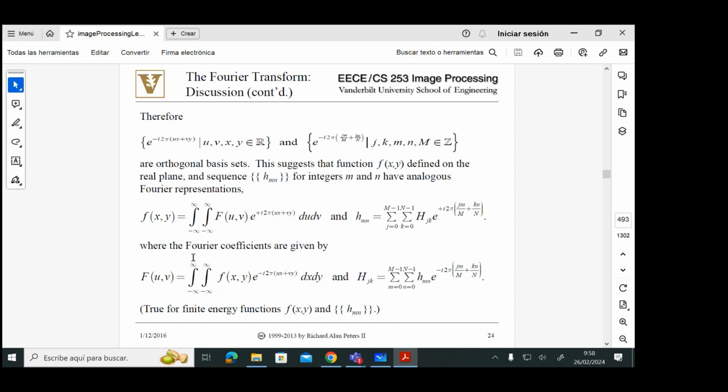So this is the Fourier transform. It is the inner product between your basis and your image. And then the inverse Fourier transform is here. So you take these coefficients and you multiply by your basis and you integrate over your basis, or you sum over your basis. I think my notation is a little bit more clear.